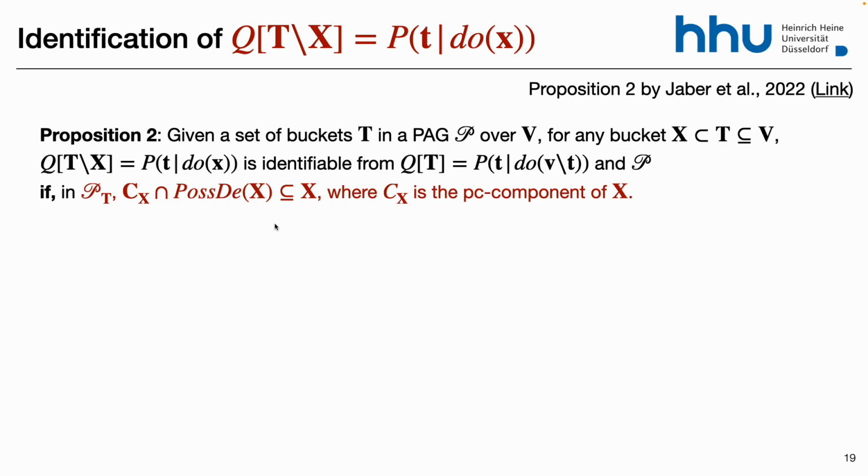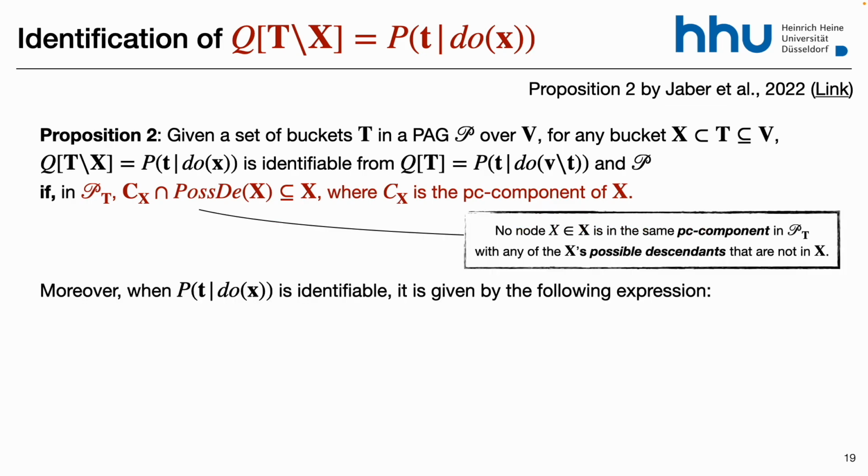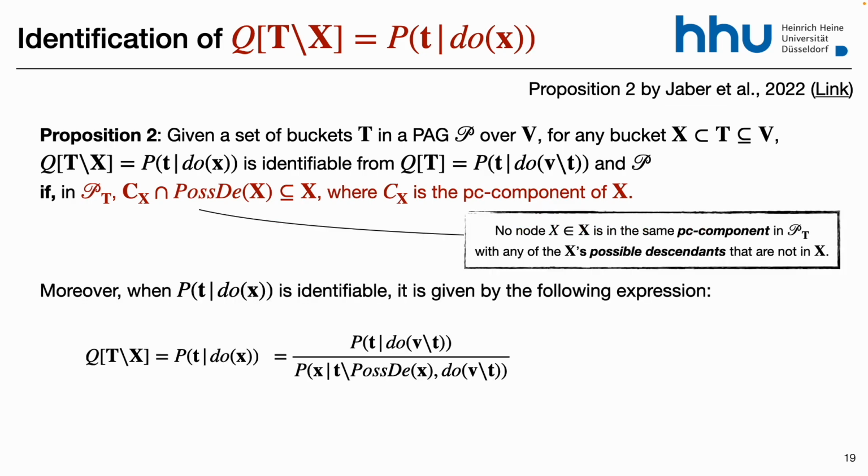Because of this, now you have larger expressions, and then in the end, we don't have a very large expression. So in the end, we have this expression here. So QT minus X is just, you see there's no sum. It's much simpler now. In the numerator is just the probability that you know already.